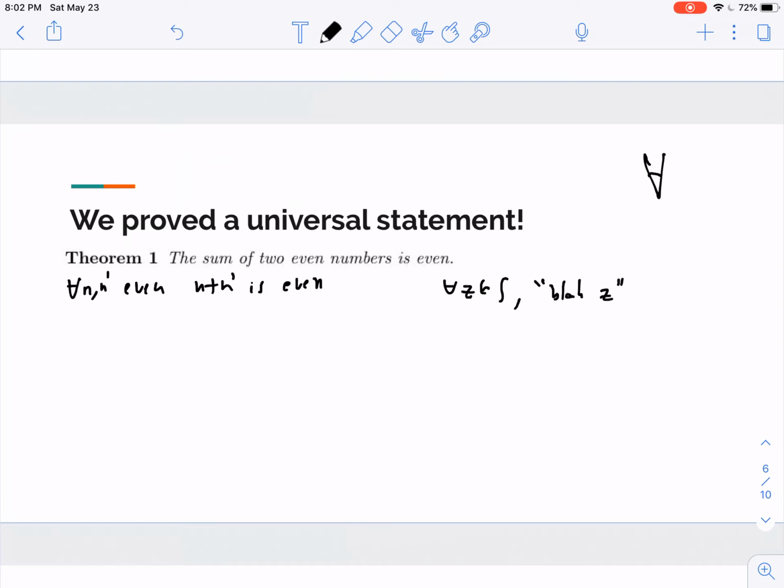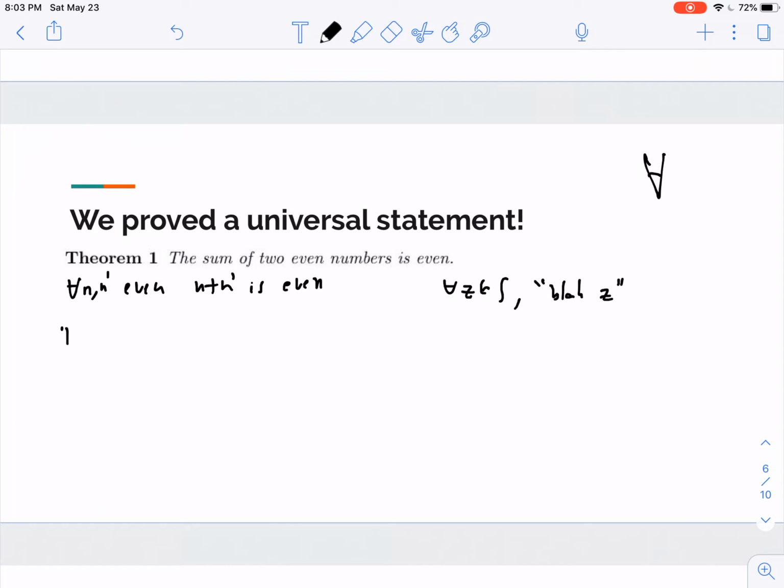So the first thing we did is we needed to prove that if we have two elements that are even, then their sum is even, right? But we can't assume anything about those elements except that they're even, because it has to work for all even numbers. You can't assume it's divisible by 4. You can't assume it's a power of 2. You can only assume that they're even, which is by definition to say that there's some integer that when multiplied by 2 gives that number. And so, because we know nothing about these elements other than that they're even, we use the term arbitrary even elements, right?